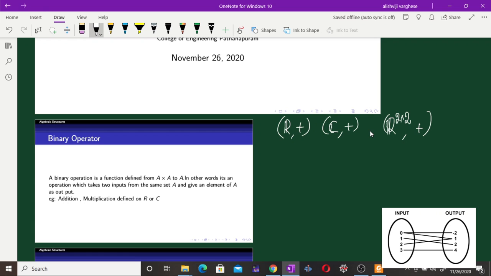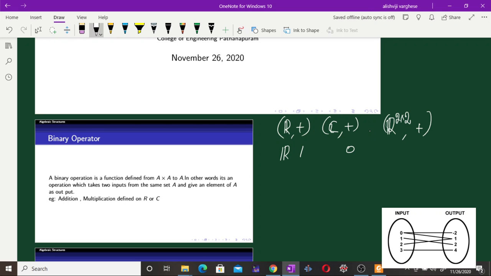Similarly, we can extend this to n by n matrices also, and if we define multiplication, division, etc. on the set of all real numbers and complex numbers, they become binary operators, except that if we consider the set of all real numbers together with division, then there is a problem with the element 0. We cannot define division by 0.